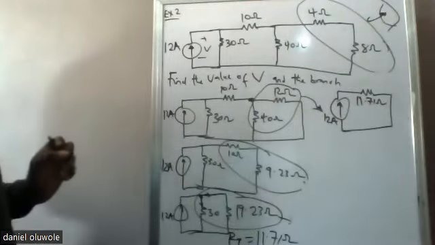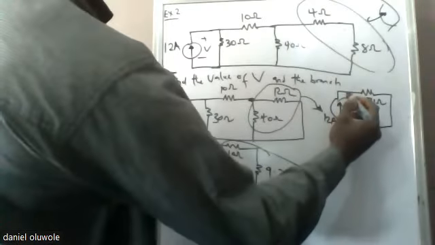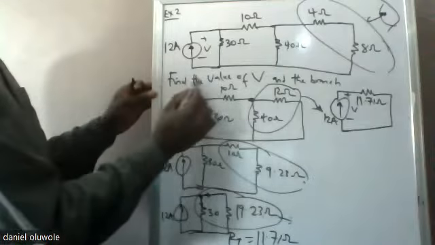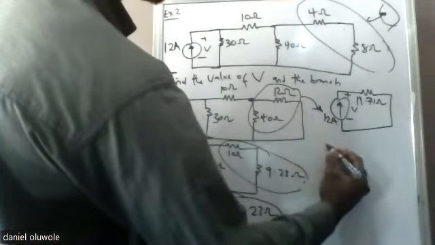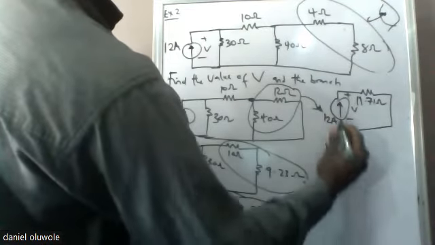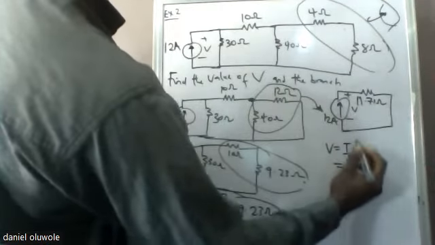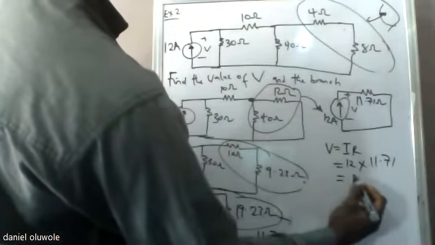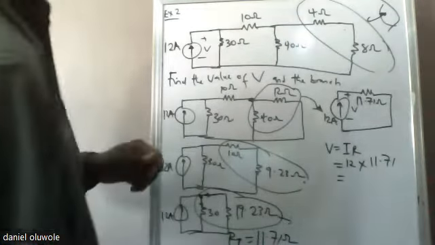So the question said you should calculate the value of V. Remember, there's a V here. That's what the question says. Find the value of V. And from Ohm's law, V is equal to IR. And we know our I to be equal to what? 12. And our R to be equal to 11.71. So you can just do the math and get the voltage.